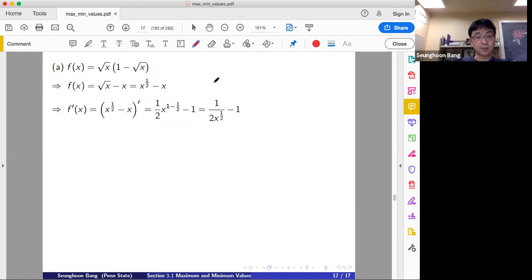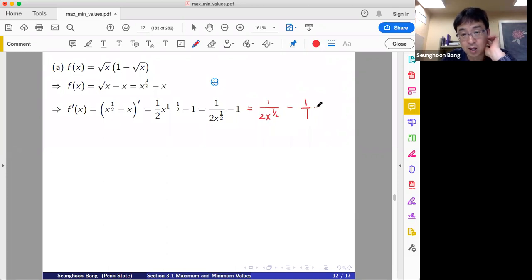So next, I want to change this to one fraction with a common denominator. For 1 and 2x to the 1 half, the common denominator is 2 times x to the 1 half.